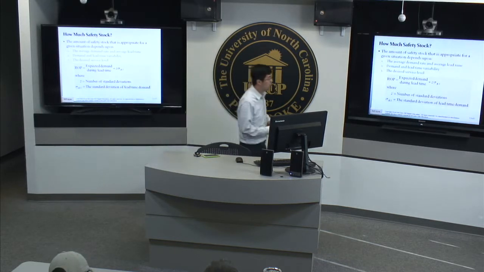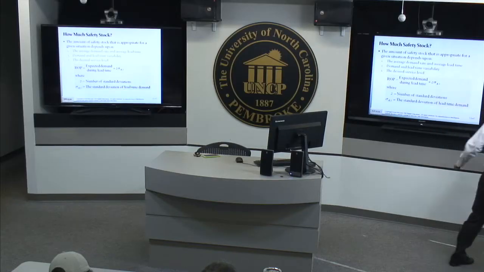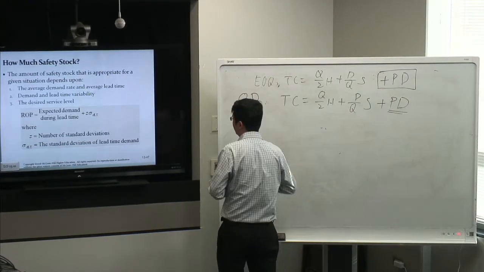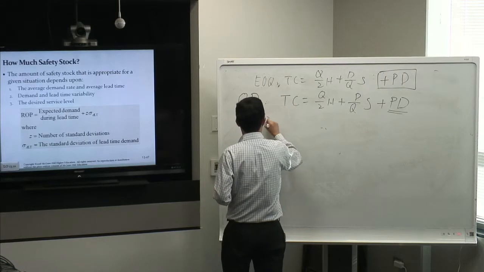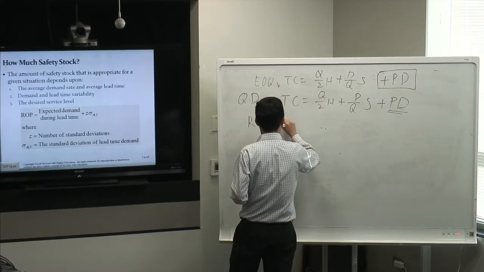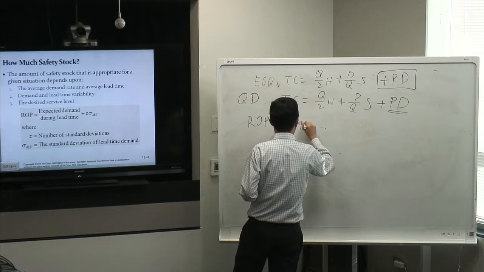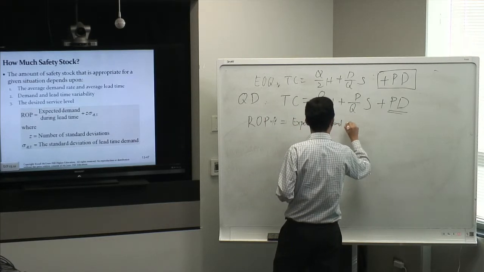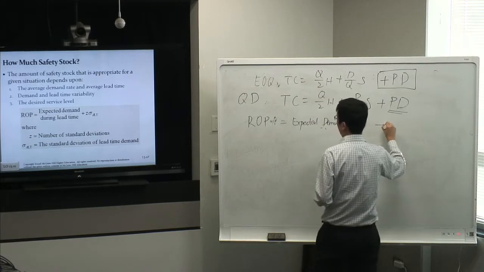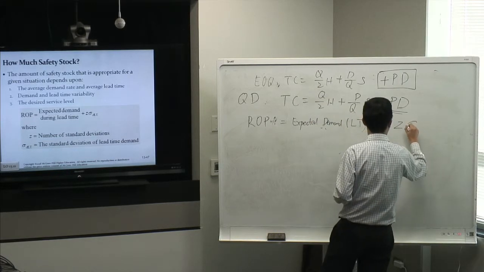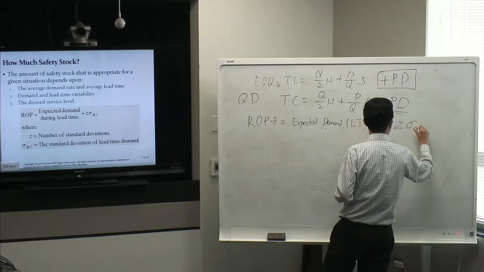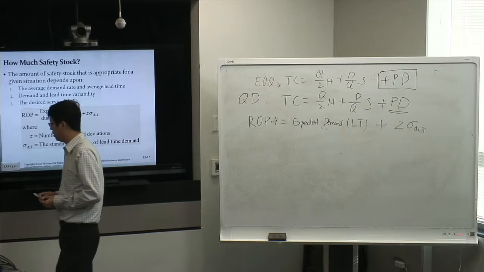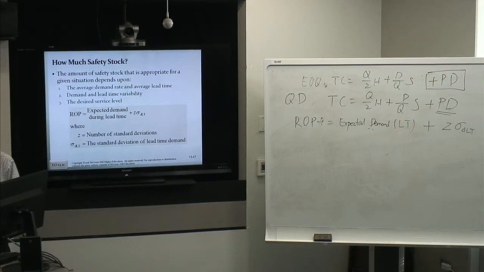The reorder point is the expected demand during the lead time plus Z value times sigma DLT. Well, Z is the number of standard deviations. We will talk about how to get Z.